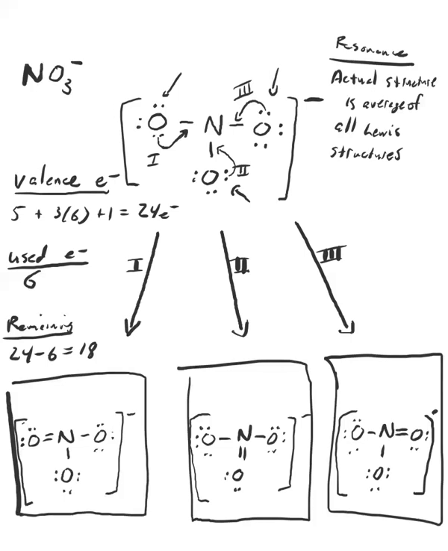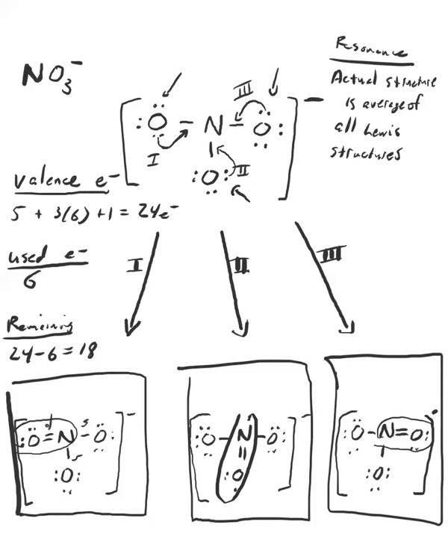If you take a look at what we have here, there's a double bond here, there's a double bond here, and there's a double bond there. In all of those cases, two of the bonds are single, right? So single, single, double.